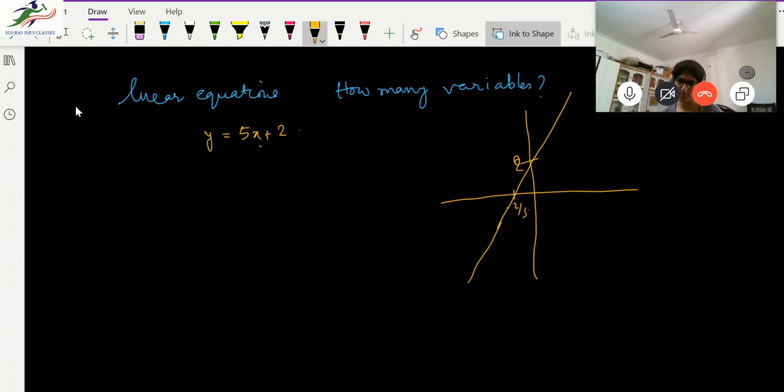So what are the things that we can understand? We can definitely understand that this would be a straight line which will follow this line that I have drawn, right? What about values of y which are greater than 5x plus 2?